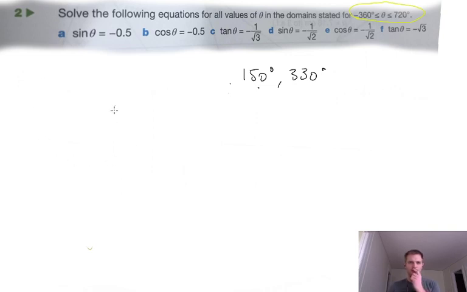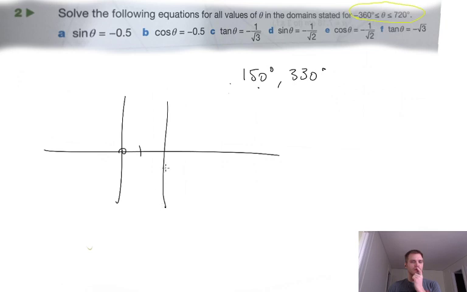So 150. So there's 0, pi over 4, pi over 2, 3 pi over 4, pi. This is pi.